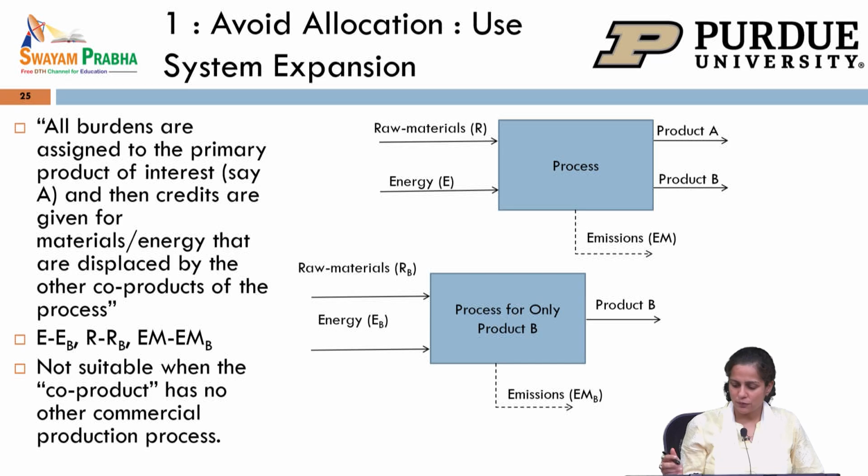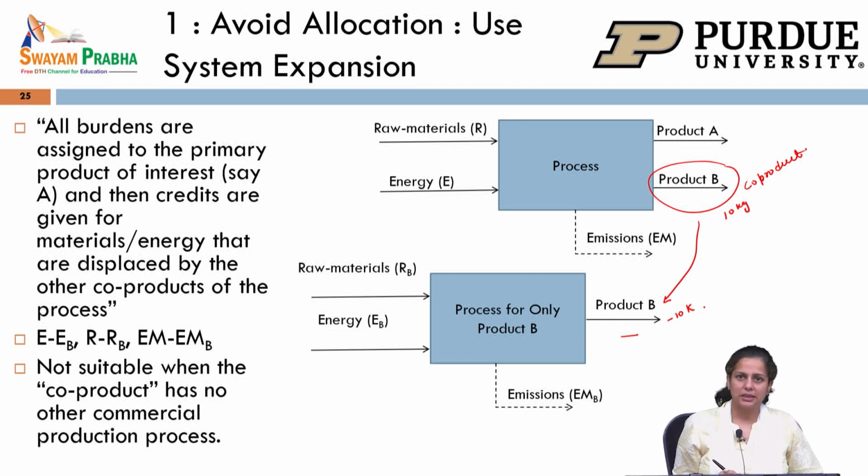So, precisely what we are saying is that this product B is the co-product, and because of this co-product I am displacing the manufacturing of this product. So, if there was 10 kg of this made, then this will require making 10 kg less, which means that we will be saving some of the raw materials and energy and emissions in the process for only product B. So, this is what we call system expansion by giving credit.